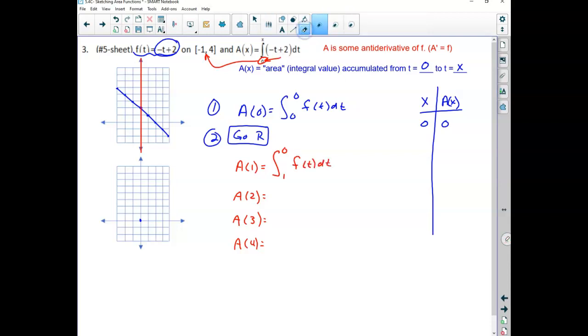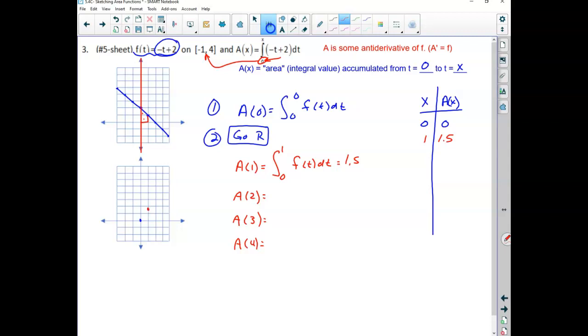Remember, 0 is my bottom, 0 to 1. So I am accumulating this area right here, which is 1.5. So my area function at 1 is 1.5. I'm going to come over 1 and go up 1.5.